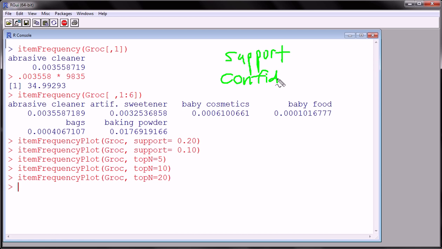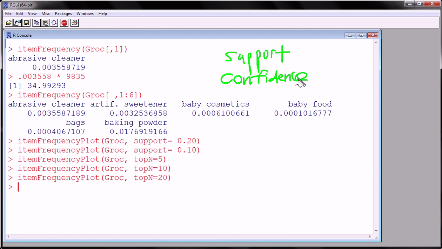Confidence is a measure of the proportion of transactions where the presence of an item or a set of items results in the presence of another set of items. Basically it's like conditional probability.